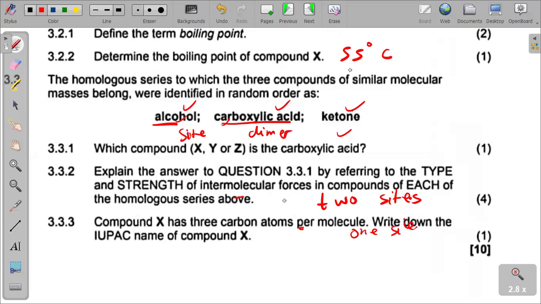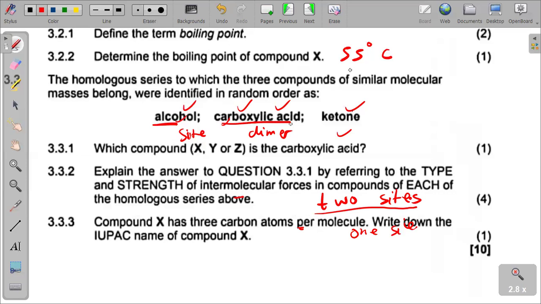Then ketones have dipole forces between molecules. We have to mention the major reason why carboxylic acids have a higher boiling point and a lower vapor pressure than the rest of the compounds we've been given.